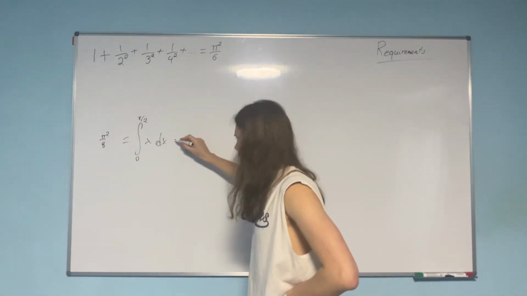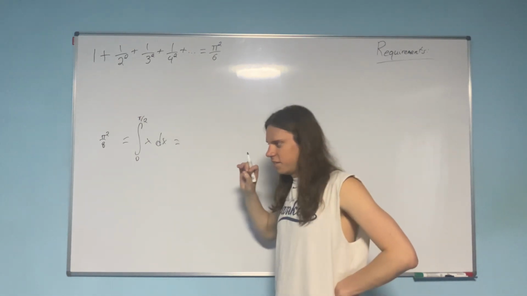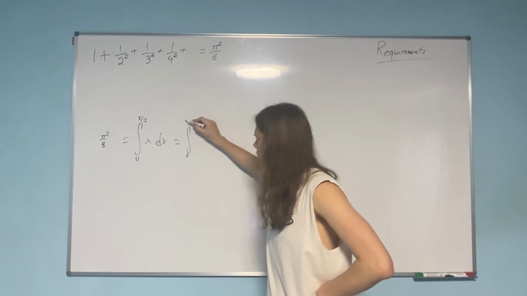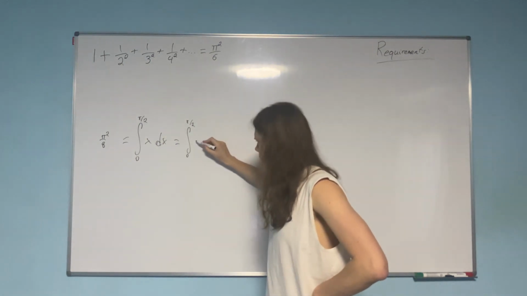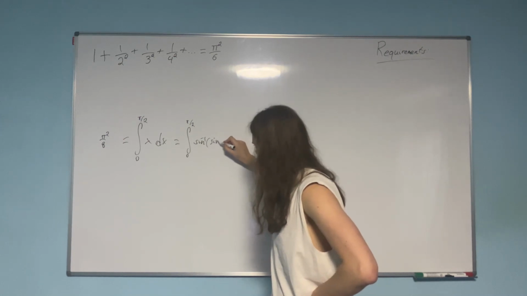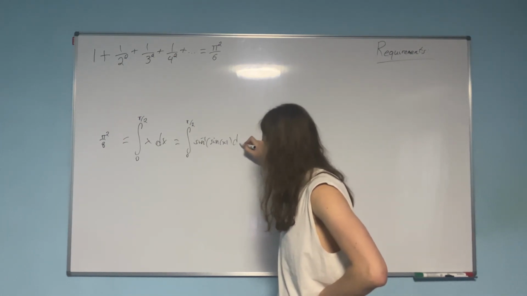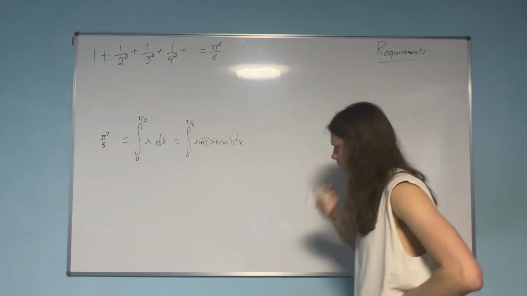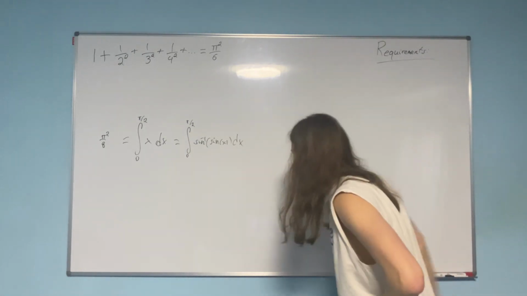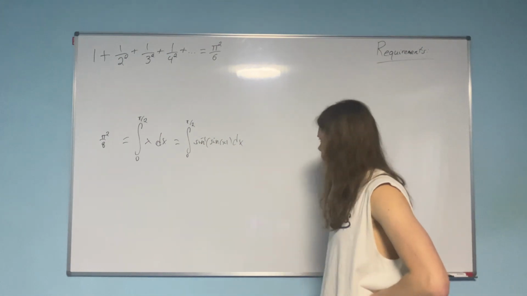Well, here's where the unintuitiveness comes from. We replace this x with sine inverse of sine of x. Yeah, this is perfectly valid in this interval. These are bijective, so that's perfectly fine.